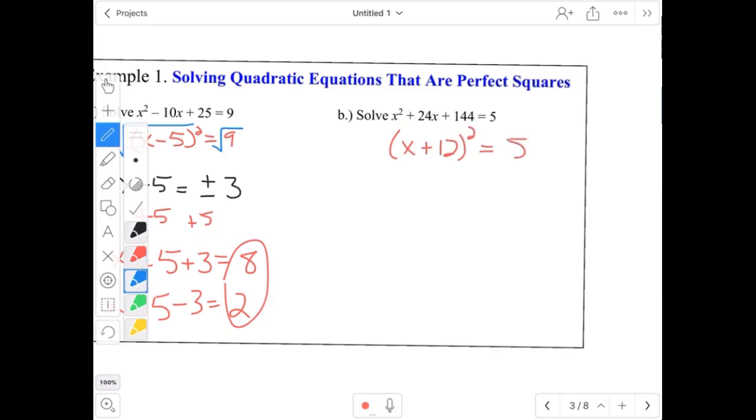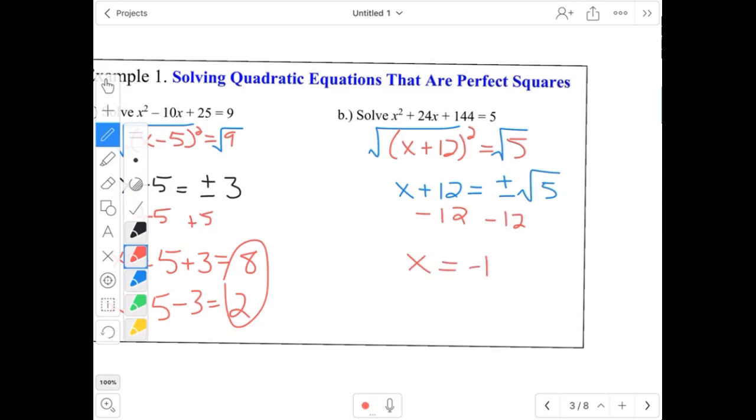Now, from here, we'll square root both sides. x plus 12 equals, remember, plus or minus root 5. Since root 5 is an irrational number, you will just leave that with the radical over it. And then our last step will be to subtract 12 from both sides. So our answer can look simply just like this. Negative 12 plus or minus the square root of 5. It is perfectly acceptable in my book.